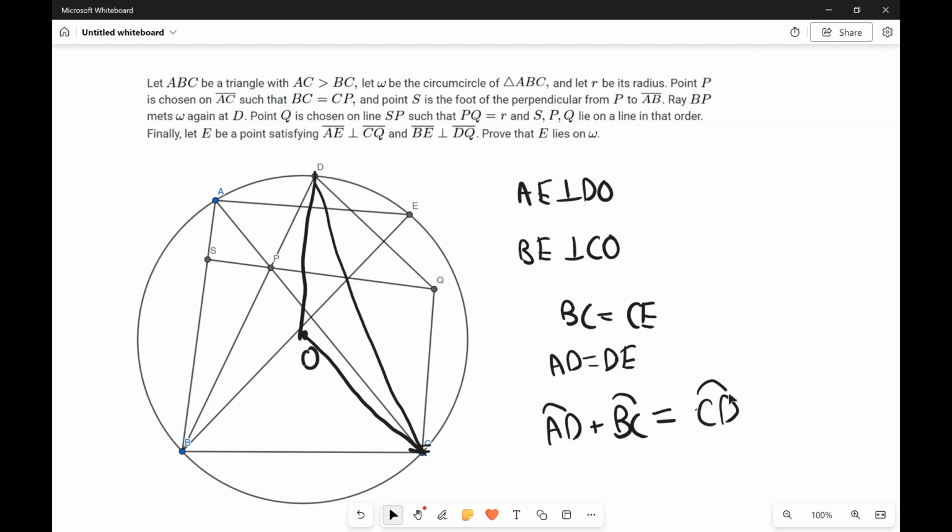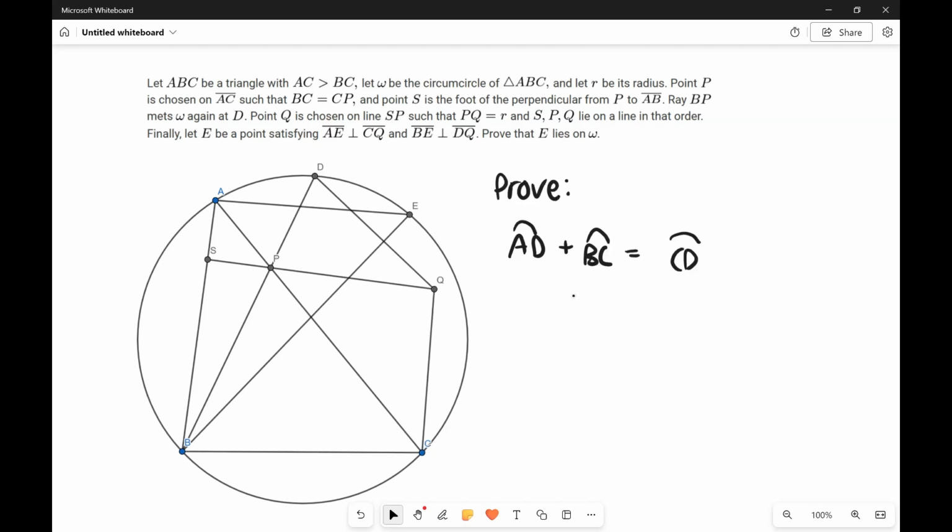So if we can prove that this is true on the circle omega, then we are set because that will show that the point E actually exists. We have now reduced the problem into showing that the sum of this arc here plus the sum of this arc here, where all the arcs are minor, at least in this diagram, is equal to the arc CD.